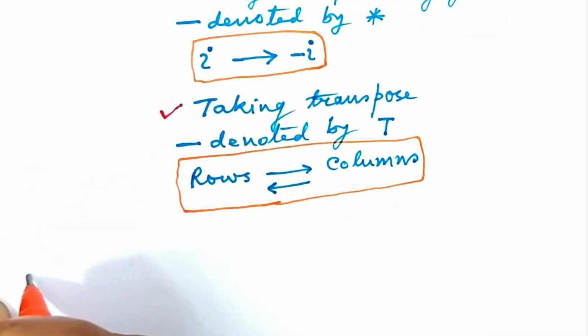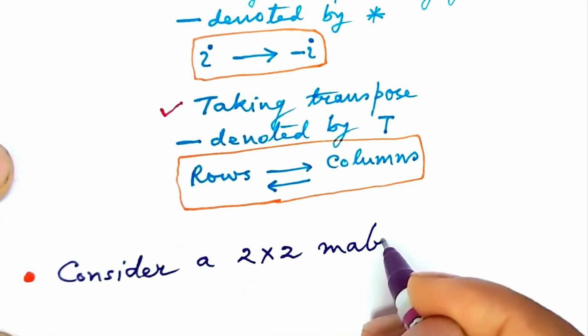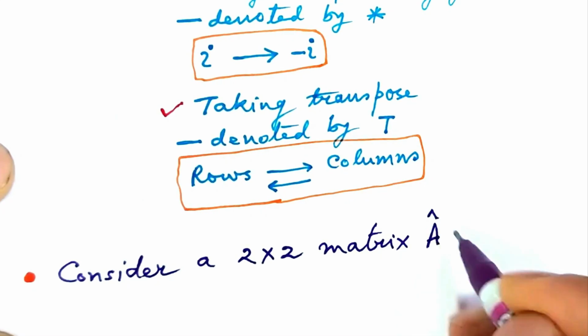Let us consider a 2 by 2 square matrix, call it A hat or A cap. We note that we can perform various operations like addition, multiplication, etc. with the help of matrices. In physics, square matrices are looked upon as operators.